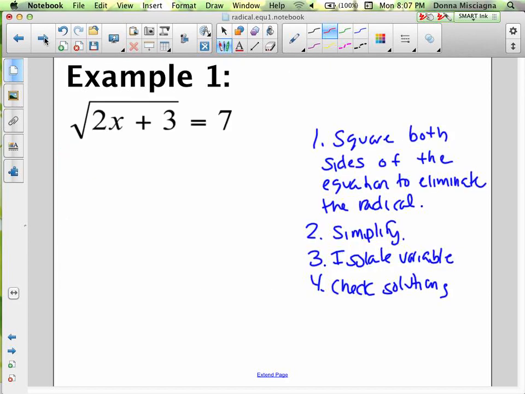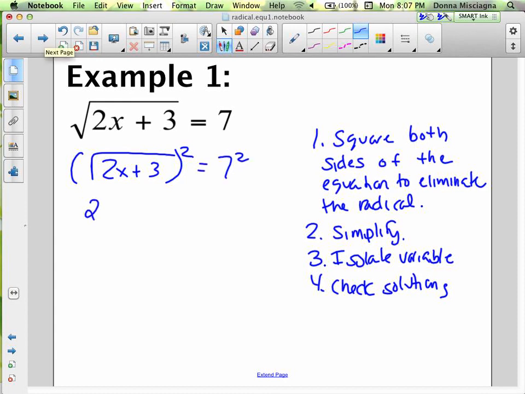Here's our first example. I have the steps over there, and I think they're in your notes as well. So we already have our radical isolated. So we're going to square both sides of the equation to eliminate the radical. We're going to square the 2x plus 3, and we're going to square the 7. Square and square root cancel.